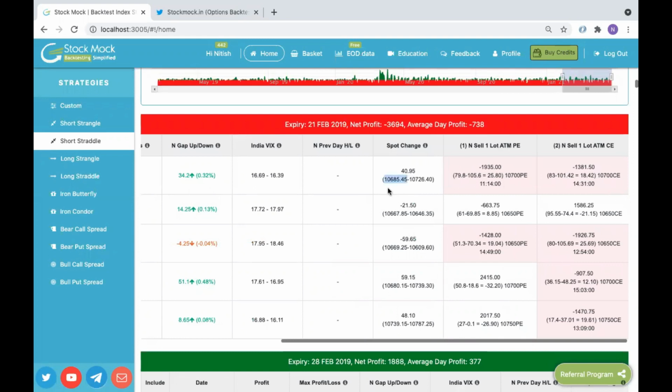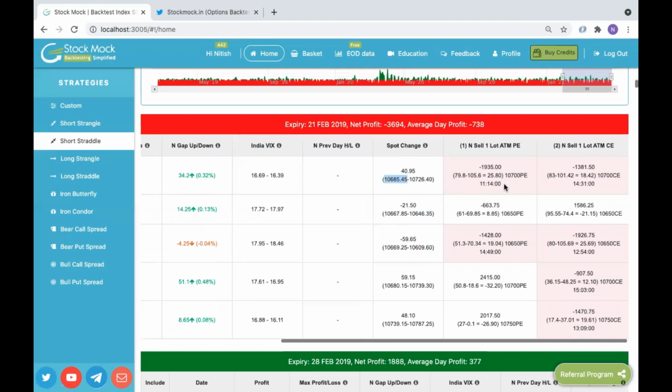So at 10:45, our spot price was 10,685. Okay. So 0.4% means 42.74 points. It means the market has actually gone 42.7 points below at 11:14 from this price.